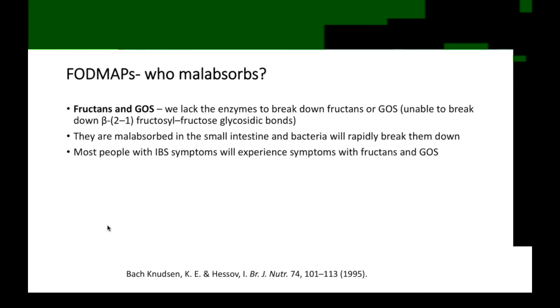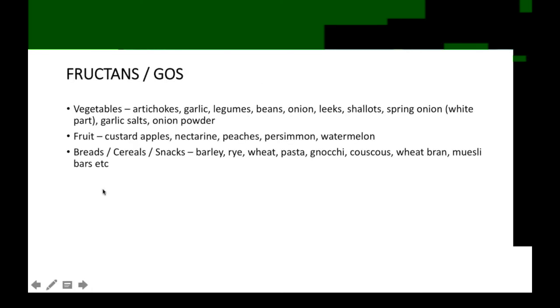These are malabsorbed in the small intestine. The bacteria will rapidly break them down. And these are often the big triggers. And this is important because when we talk about reintroducing the different FODMAPs, we will often leave these ones to last because these are often likely to cause problems.